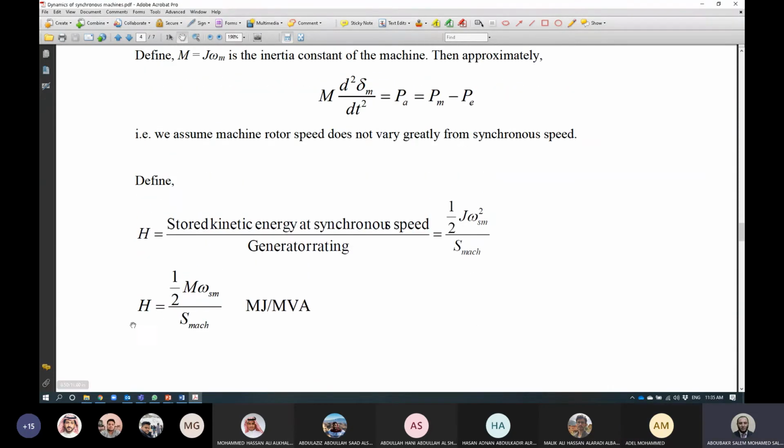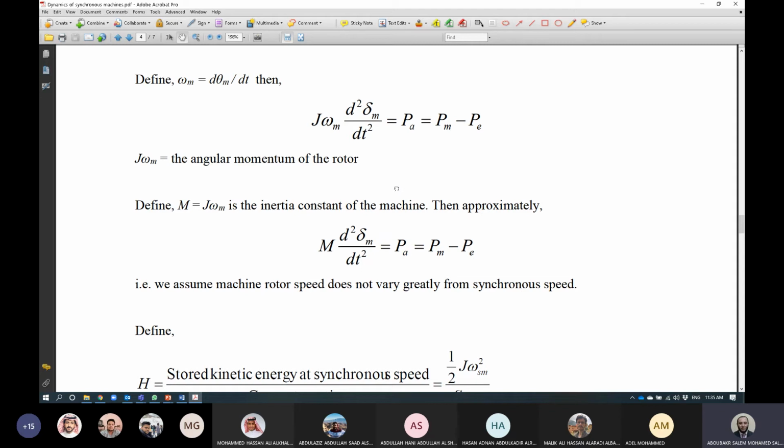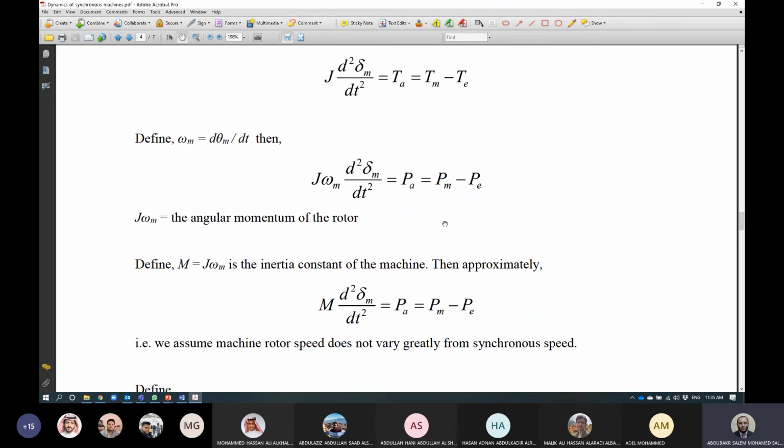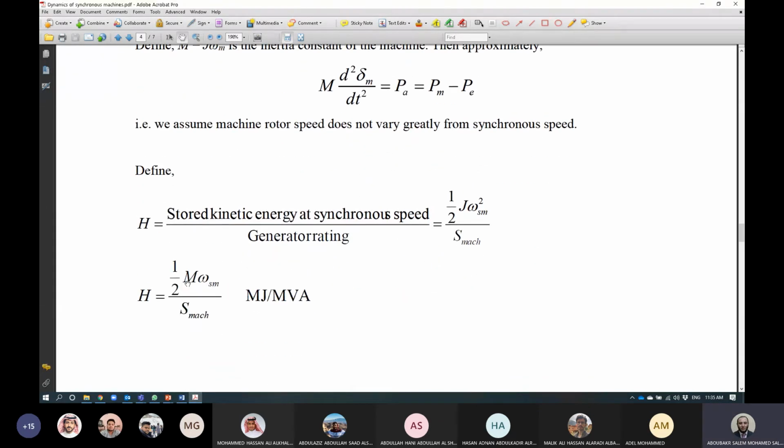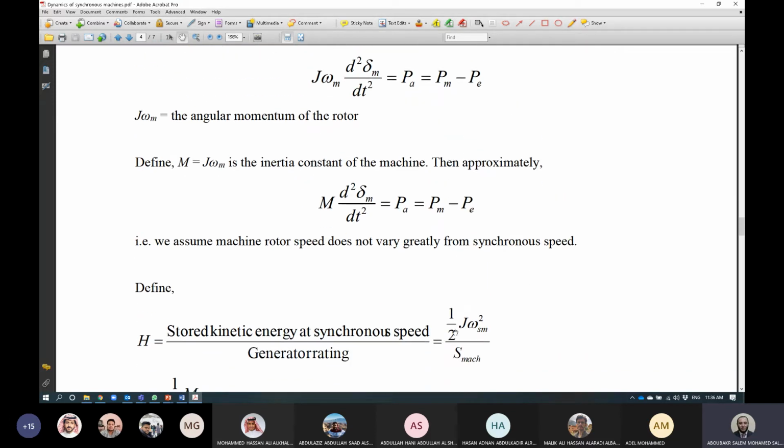So now, guys, we need to represent H in our relation here as a function of the dynamic equation. So we will replace J omega, or we can use either M or J omega, the same definition. But we will replace H by this part in our relation, or make J for instance in the right hand side and transfer other parts to the left hand side and replace it here in our relation.